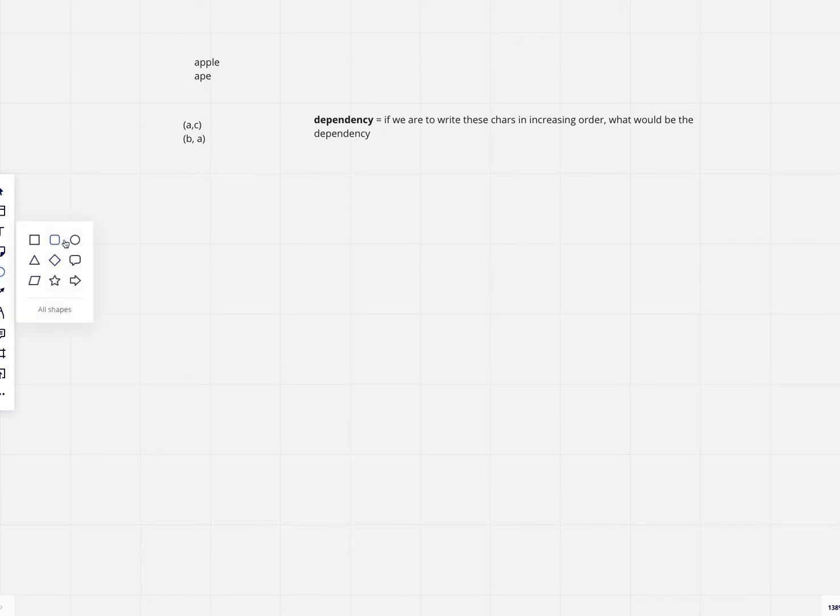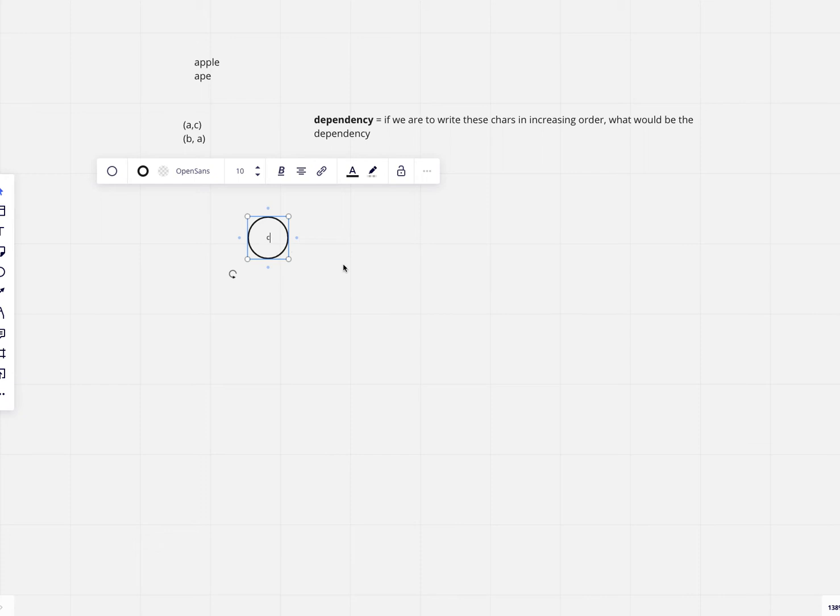Right? So let's try it as a graph, because all these dependencies are easy to implement and visualize in the form of a graph. So let's say we have two vertices, C and A, right? And actually we also need B, so 3 characters, let's put B here as well.